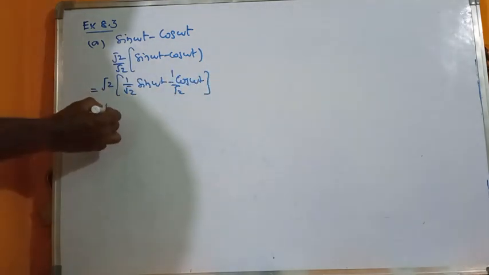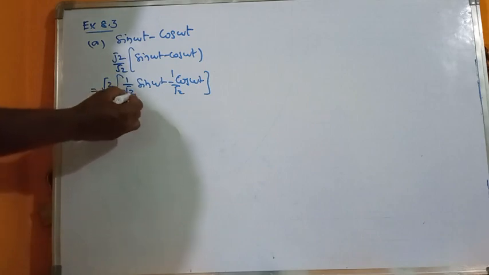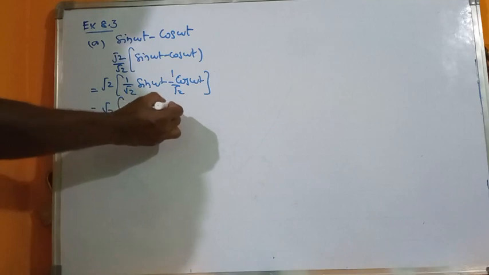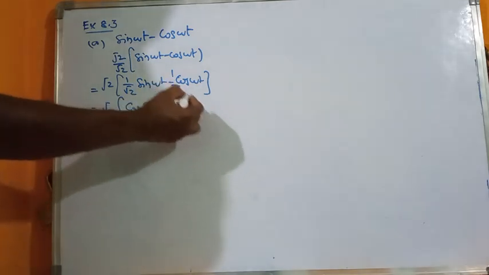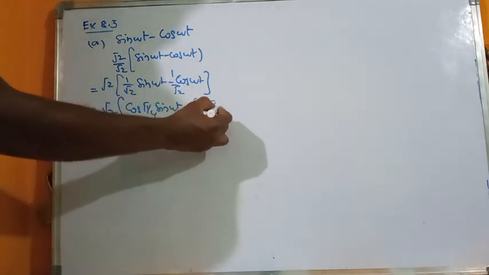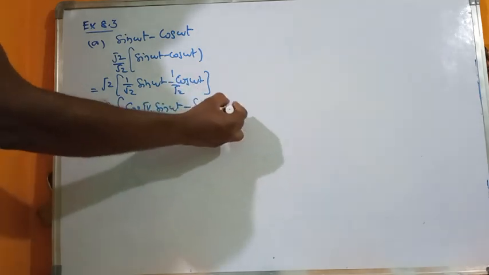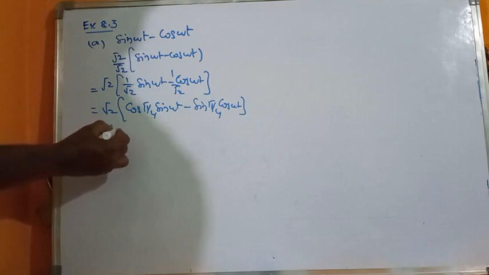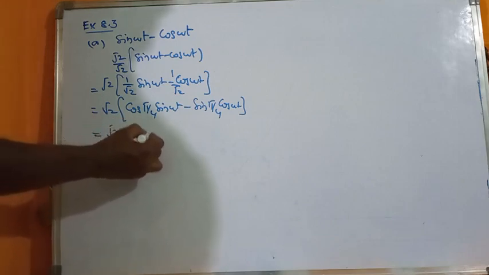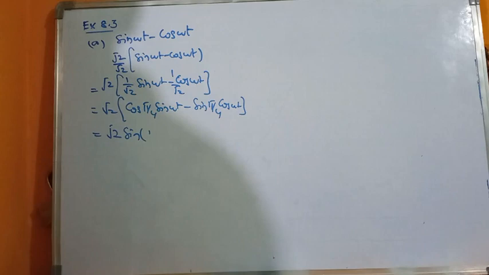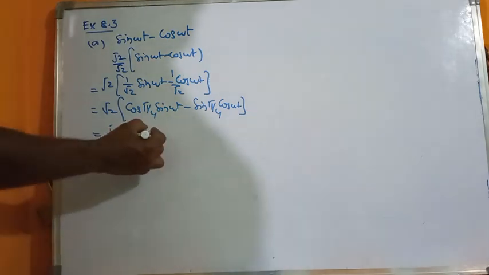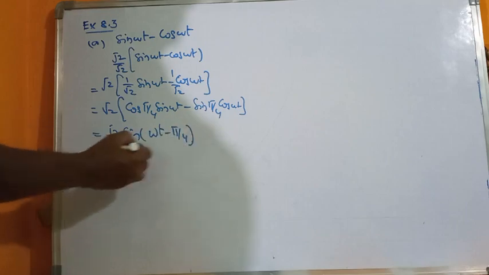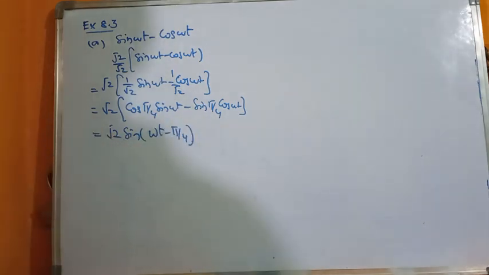That is root 2 of cos pi by 4 sin omega t minus sin pi by 4 cos omega t, which we can write as root 2 of sin a minus b, that is sin of omega t minus pi by 4. So this is our equation.